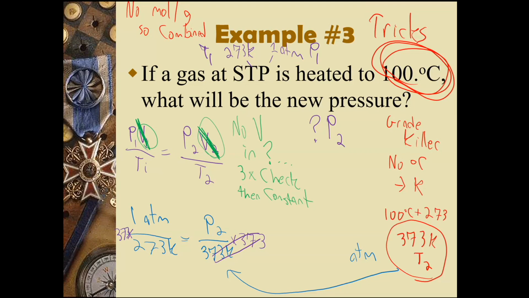So I've got 1 over 273 times 373 equals, and that's going to give me my answer, which I will set to 3 sig digs based on the problem, which means 1.37 atmospheres is my final answer. And so that is dealing with the combined law.